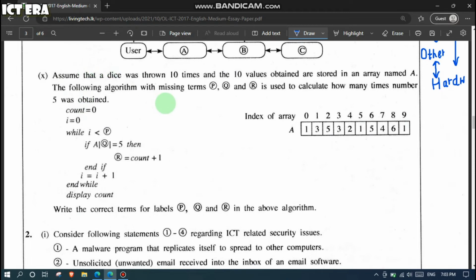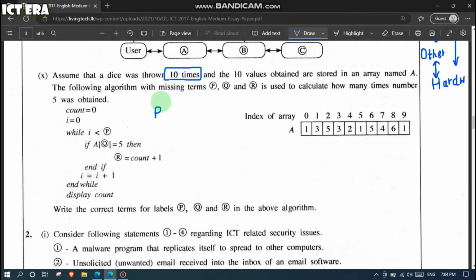Roman number 10, assume that a dice was thrown 10 times and the 10 values obtained are stored in an array named A. The following algorithm with missing terms P, Q and R is used to calculate how many times number 5 was obtained. So now here count and I are variables. So while I should be less than 10 because the dice was thrown only 10 times.